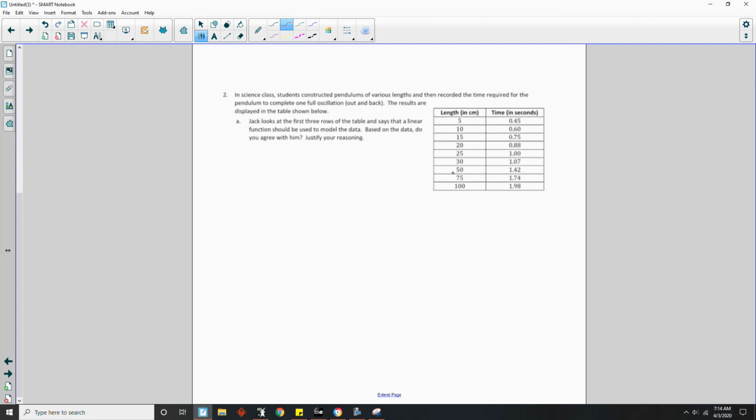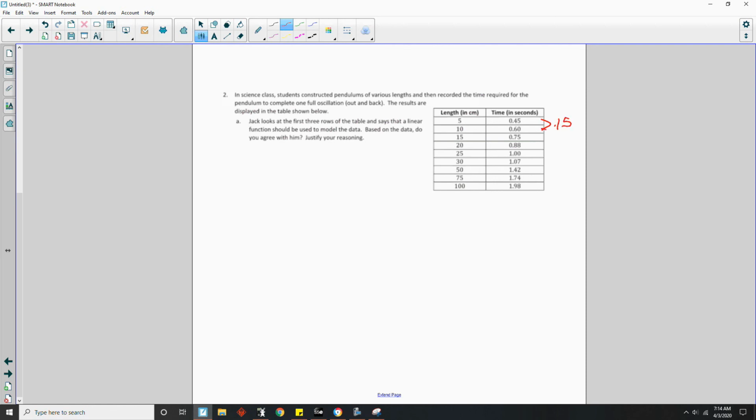First thing I look at are x values. Are they increasing evenly, the first 3? 5, 10, 15. They go up by 5, up by 5. So yes. The next thing is how many seconds elapsed from 1 to 2, 0.45 to 0.6. The difference is 0.15.